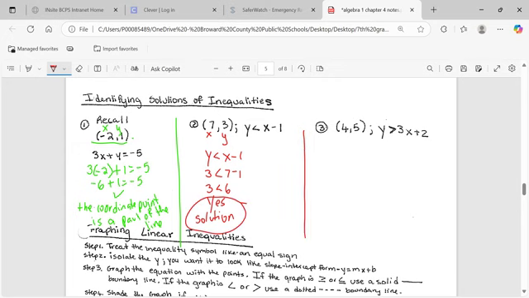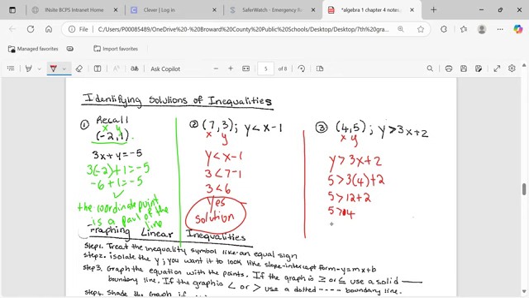Let's look at number 3. Again, every coordinate comes with an x and a y. And we're just going to substitute to find out, is it true or is it not? So if my y is 5, I'm going to substitute 5 in. It's greater than 3 times x, and x is 4, plus 2. So 5 should be greater than 12 plus 2. 5 should be greater than 14. Well, is 5 greater than 14?